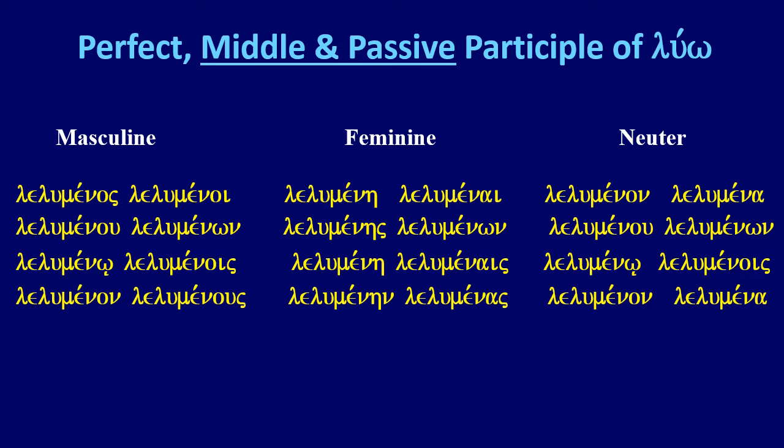The only difference is the omicron connecting vowel has dropped out. And so you don't have to memorize whole new sets of endings. Now in this case, for the middle and passive participle of the perfect tense, it follows a 2-1-2 pattern. That means masculine follows second declension endings, feminine first declension endings, and neuter second declension endings.